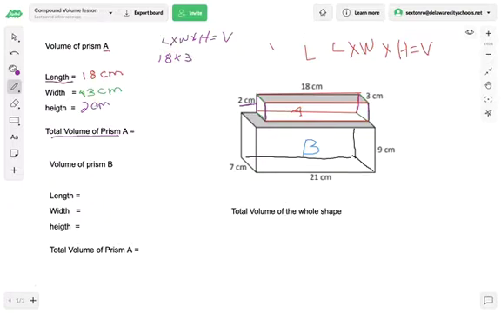And my height is 2. So my volume is going to be equal to 18 centimeters times 3 centimeters times 2 centimeters. And that'll give me my volume in centimeters cubed. Centimeters to the third, that's centimeters times centimeters times centimeters. We call that centimeters cubed, right? So now we get to do some math. That's the best part, isn't it?